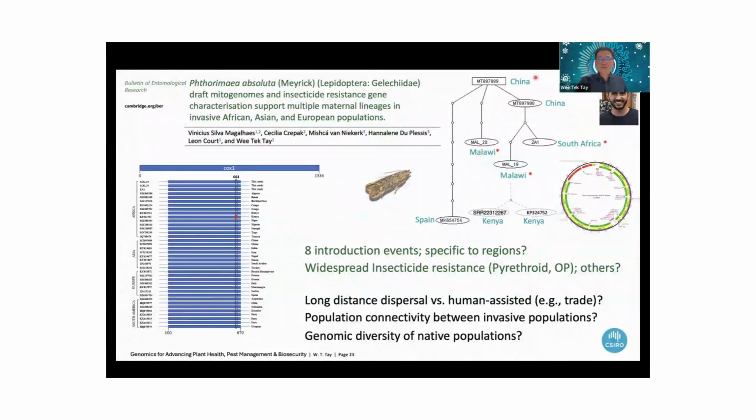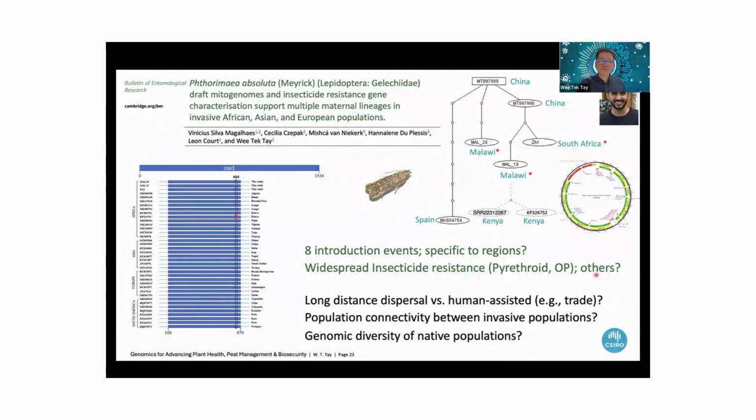He surveyed the literature plus did some sequencing of African populations to demonstrate that in the current distribution of Tuta absoluta, where we have the full mitochondrial DNA genome, this pest has at least 8 introduction events. Are they specific to the region where they were sampled? We don't know because we don't have enough funding or time, this being a PhD study. But we did detect widespread insecticide resistance to pyrethroid.